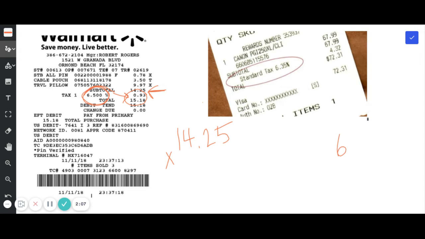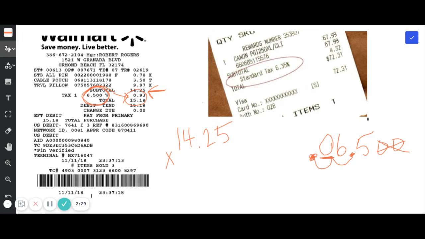I'm starting with 6.5. I'm not going to worry about putting these zeros out here because we don't need them. I'm going to move this decimal 2 spaces. Now there's a gap here, right? Anytime you have a gap and you have to have a number in there, you need to put in a 0.